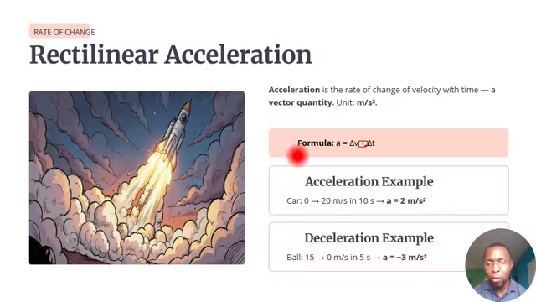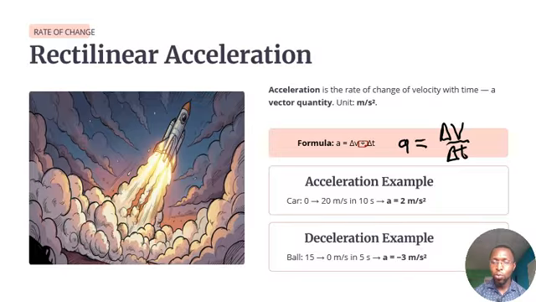So by formula, it is change in velocity over change in time. We use the symbol A to represent acceleration, and V to represent velocity. So acceleration equals change in velocity over change in time. This is the formula for acceleration.